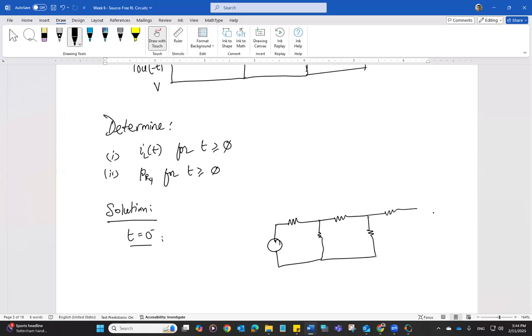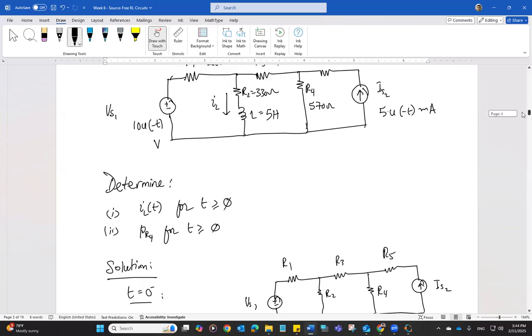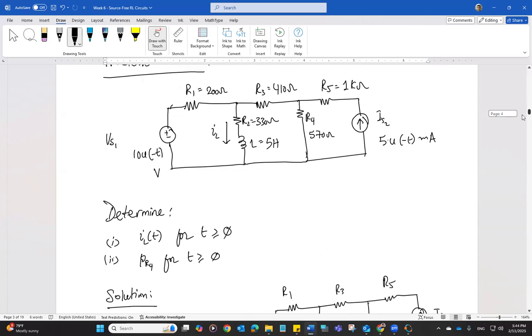And another resistor. And the current source. VS1, IS2, R1, R2, R3, R4, and R5.